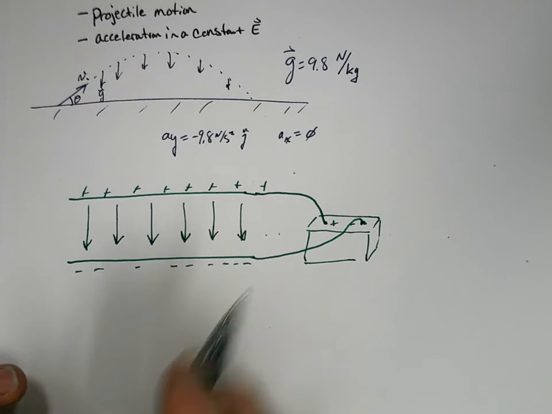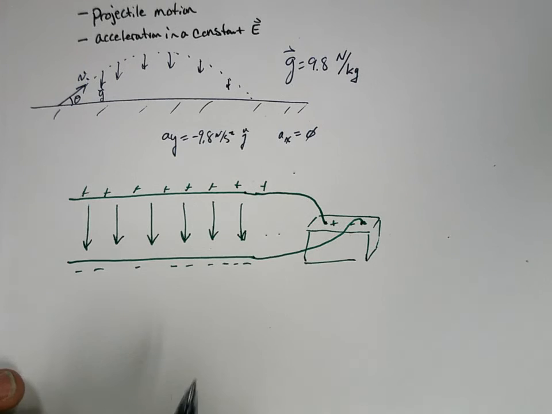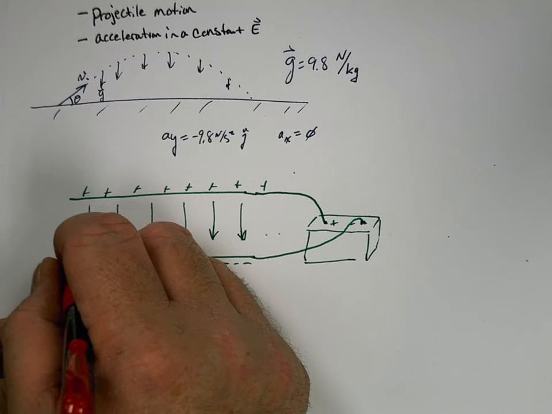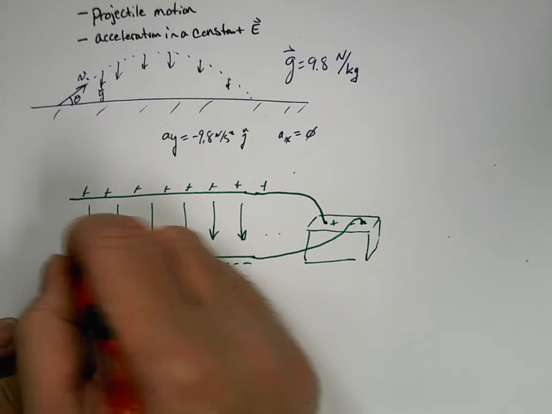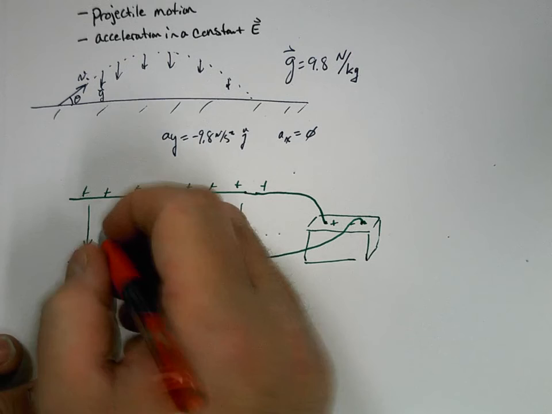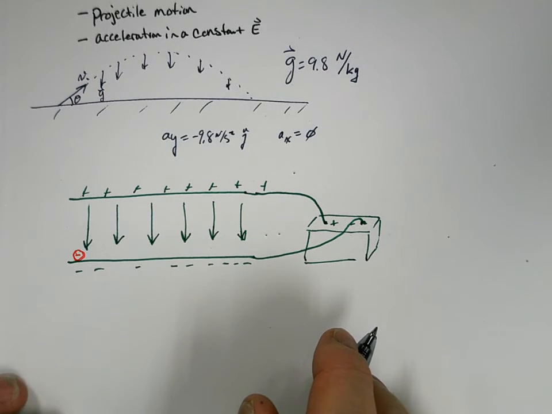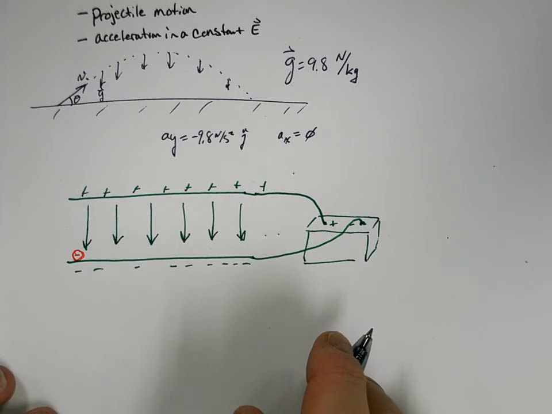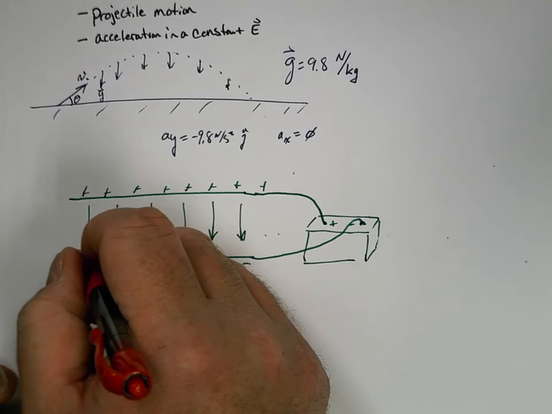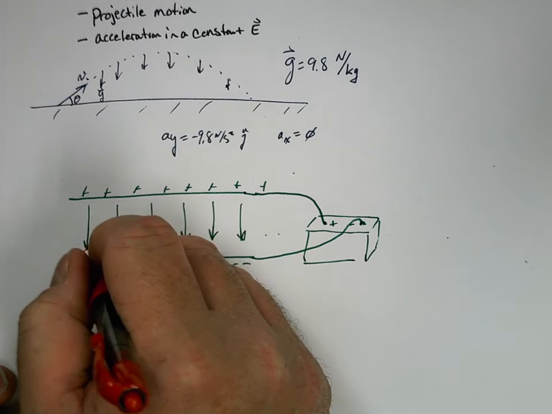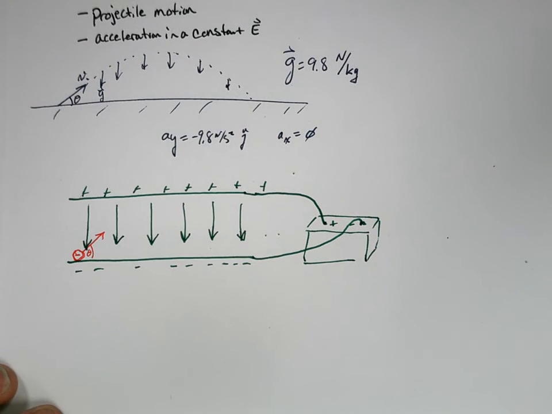If we launch a charged particle, a negatively charged particle in this case, and we give it an initial velocity in that direction, what is its path of travel going to be like?